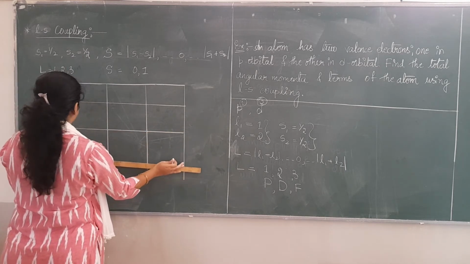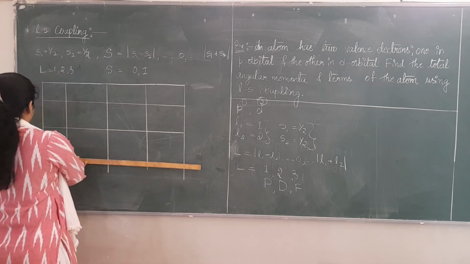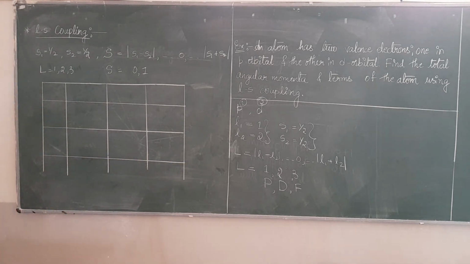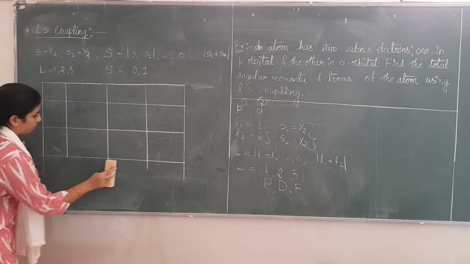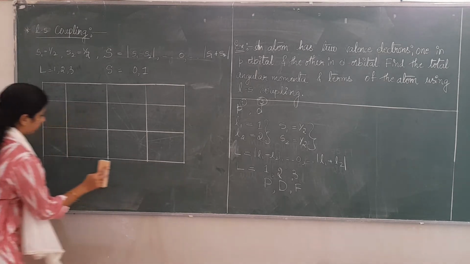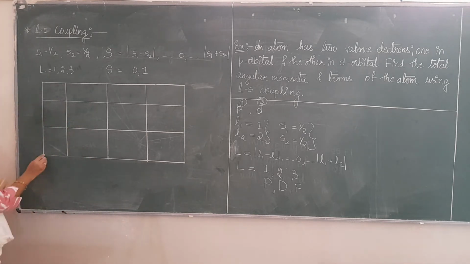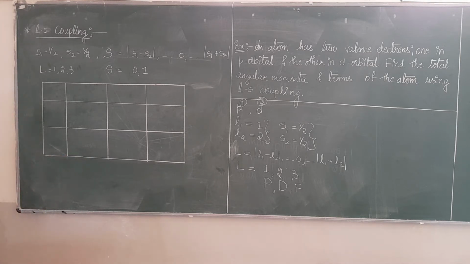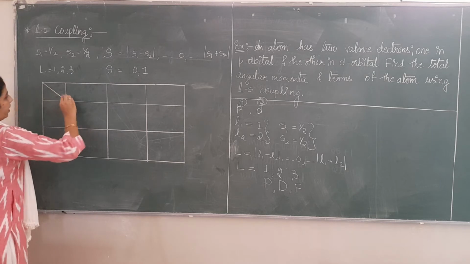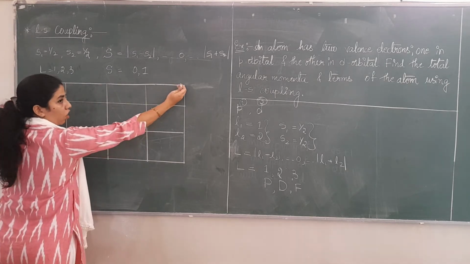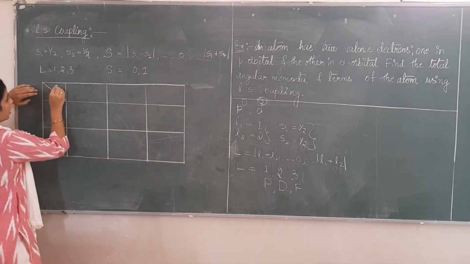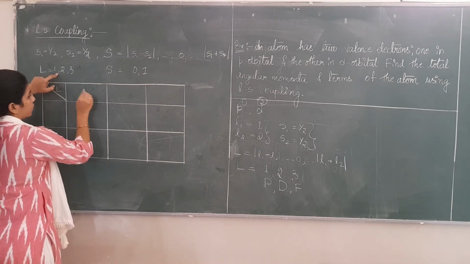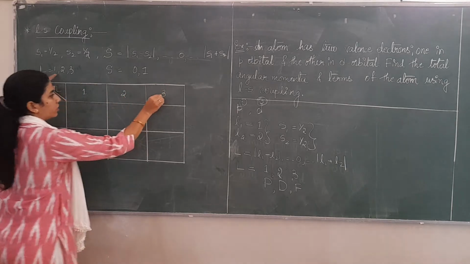So what do these columns and rows indicate? The columns will indicate the value of L. The values of L are 1, 2, 3.